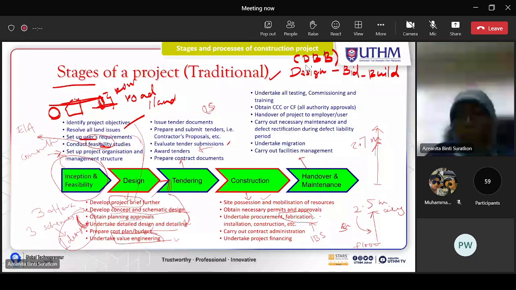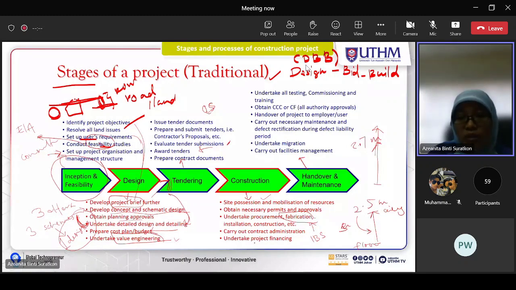Okay, and then continue with the installation, construction and so on. At the same time, carry out contract administration. Monitor the project, monitor the progress of the work, monitor how much cost has been spent for the project, how many workers, what is the productivity of the project, so everything.